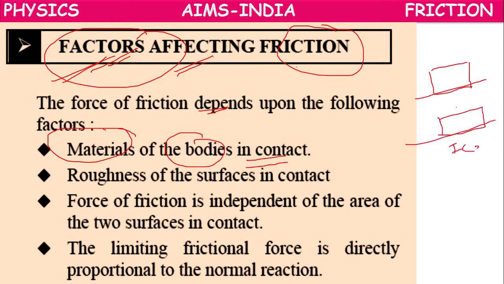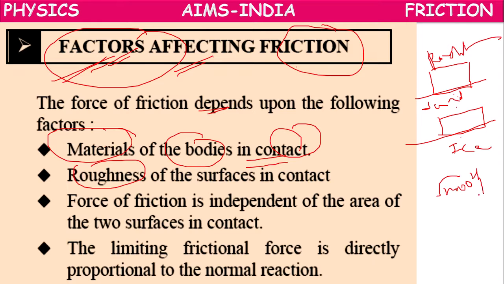It depends on what materials are in contact. Based on that, friction will be less or more. Or the roughness of the surface. Sand means a rough surface, so friction will be more. Ice means a smooth surface, so friction will be less.